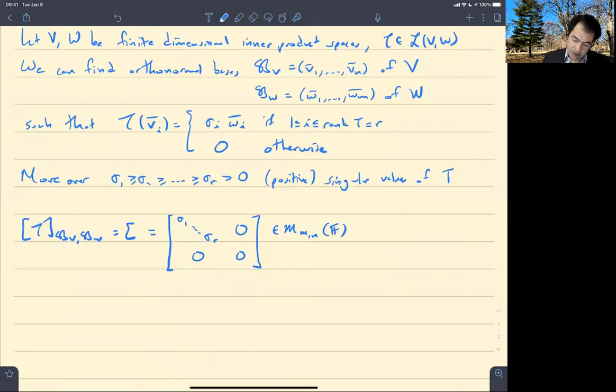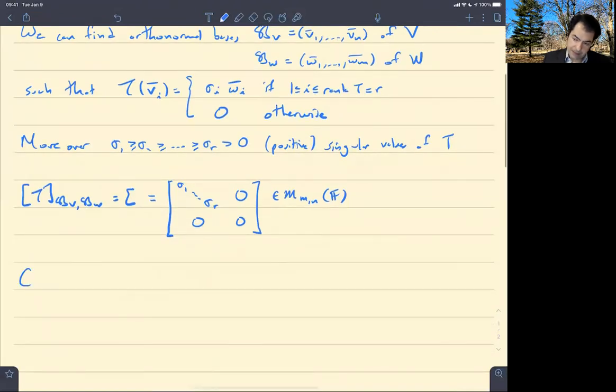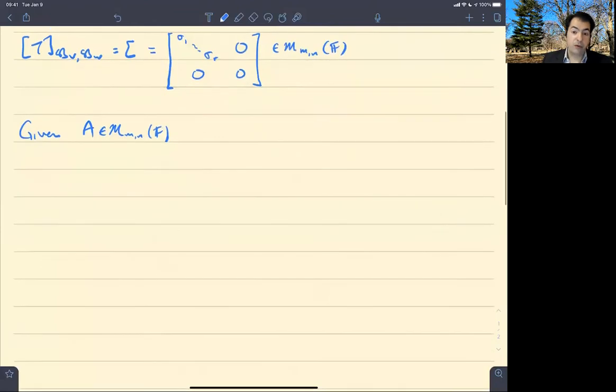Okay, now given a matrix, well, of course, because matrices and linear maps are so closely related, the singular value decomposition for T, for linear maps, gives us a singular value decomposition for matrices.